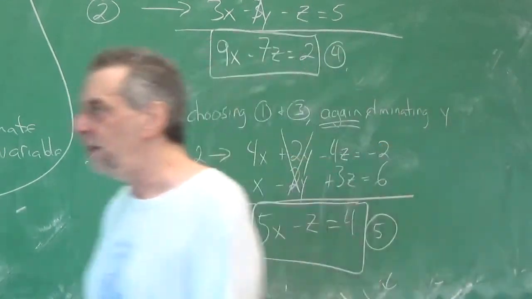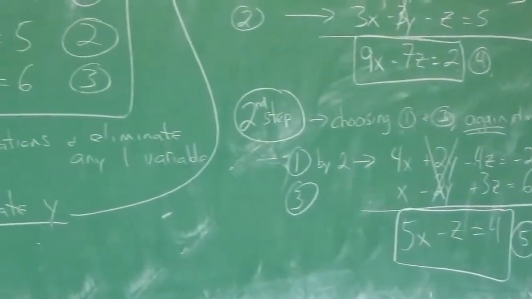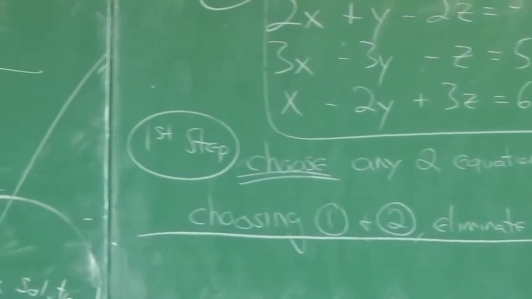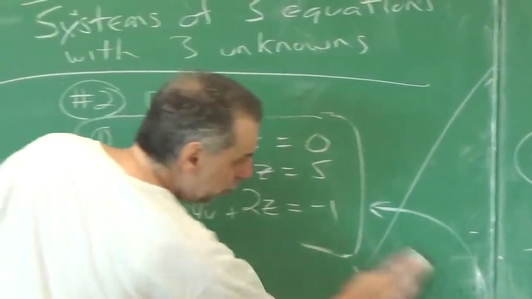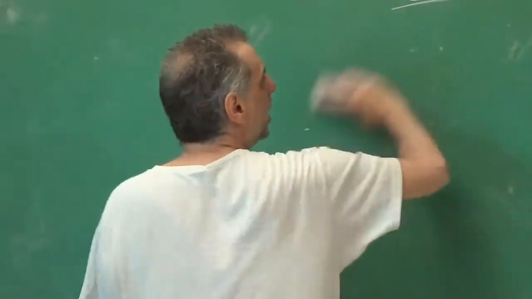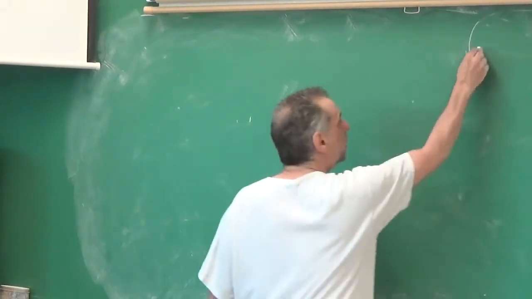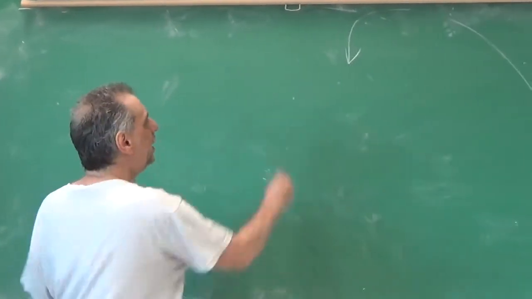So let's go solve that. Once we solve that, we'll have two of the three unknowns, and then it will be easy to go back and solve for the third by putting those x and z into any one of these three original equations and getting our result.